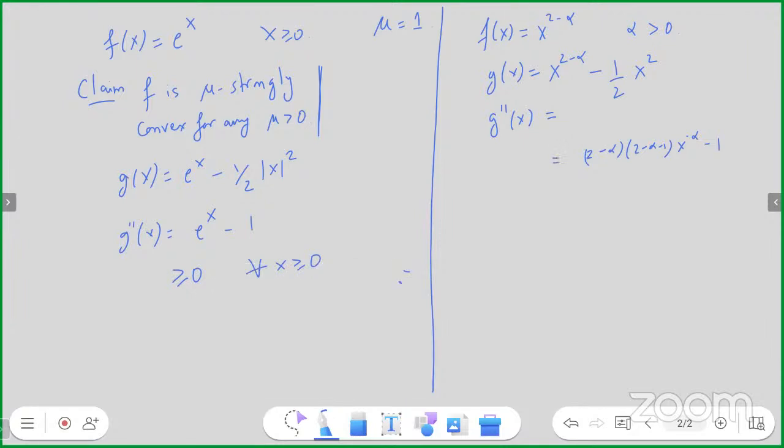So what can we say? This is positive. This is not necessarily positive. This is 1 minus alpha, so this is a positive quantity. This is 1 minus alpha times x to the minus alpha minus 1.